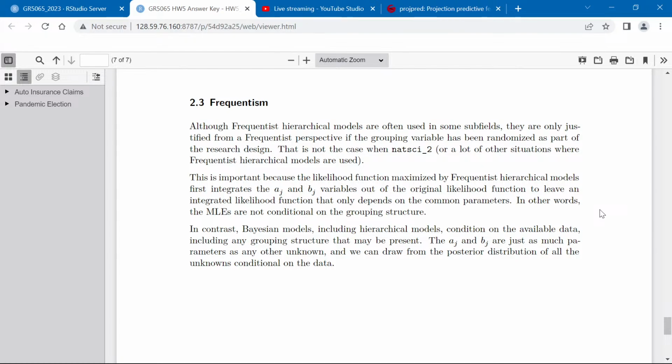And with a hierarchical model, at least those in RStan, rstanarm, brms, etc., we're going to condition on the grouping structure. And the parameters A and B are just as much parameters as anything else. We have beliefs about them going in, we have beliefs about them coming out. We draw from the posterior distribution of them along with all the other unknowns, conditional on the data.